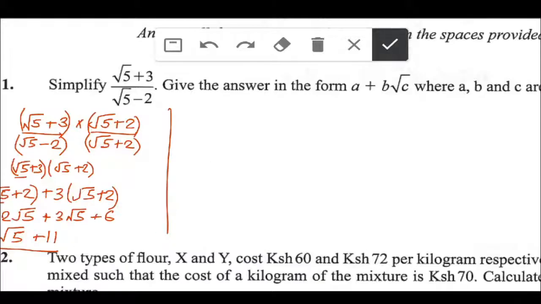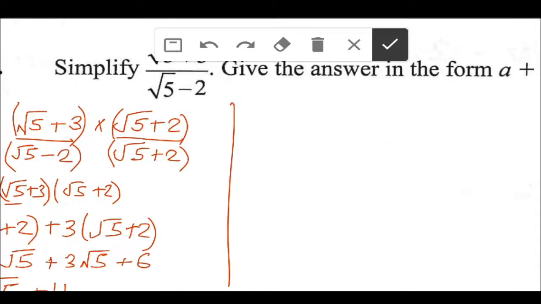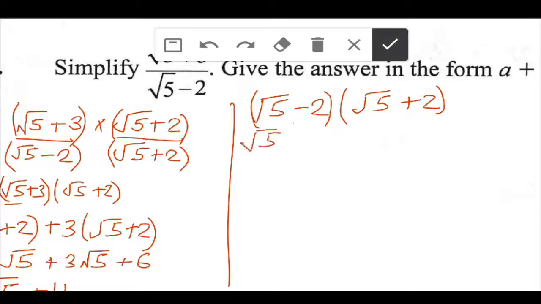Now let's go on to the denominator. The denominator is root 5 minus 2, and we are multiplying that by root 5 plus 2. Just like we did on the numerator side, we start with root 5 multiplied by the whole of the second, which is root 5 plus 2. Then we have minus 2 multiplied by root 5 plus 2.